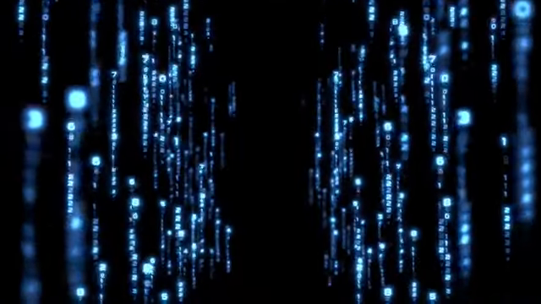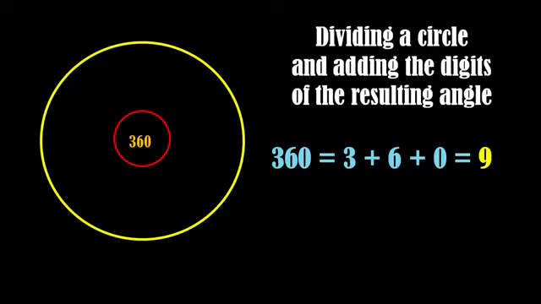If we keep on increasing the number of sides of the polygon, we will get the same number 9 every time. Did you notice an amazing thing here?